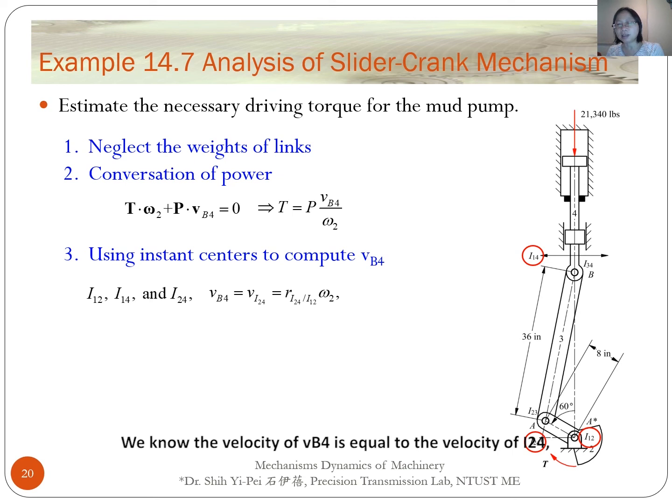We know the velocity of B4 is equal to the velocity of I24, and the velocity of I24 is the distance I24 to I12 times omega 2.